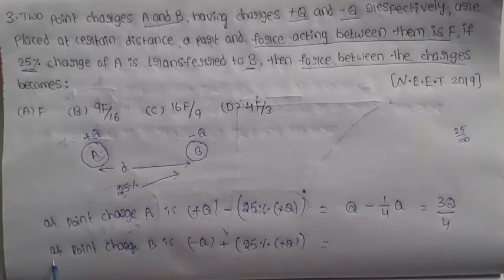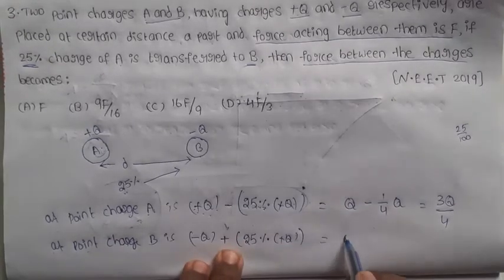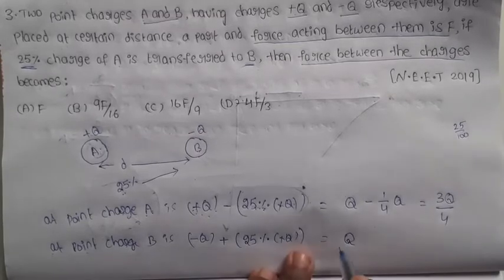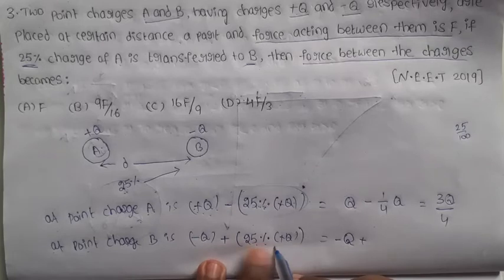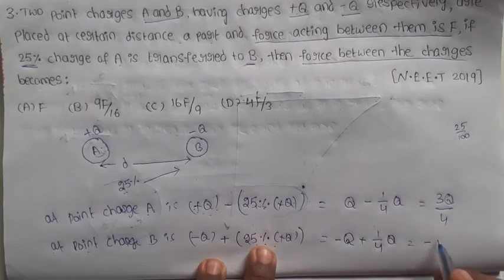Similarly, at point charge B, the original charge is minus q, plus the added 25%. 25% means 1 by 4 q. It becomes minus 3q by 4.